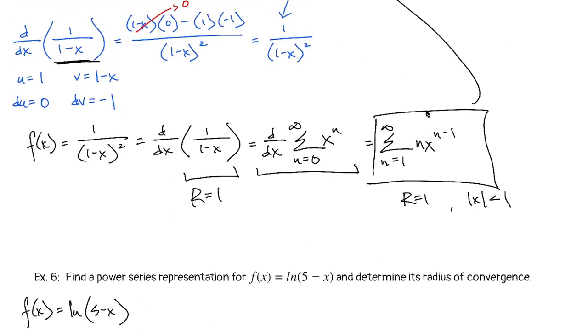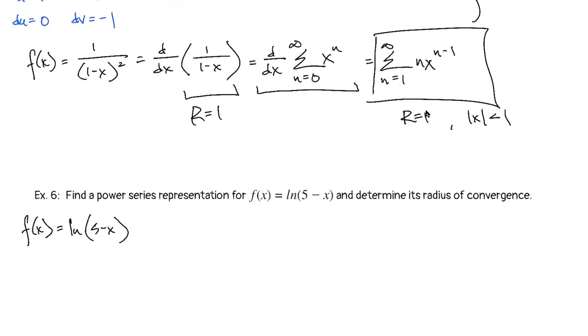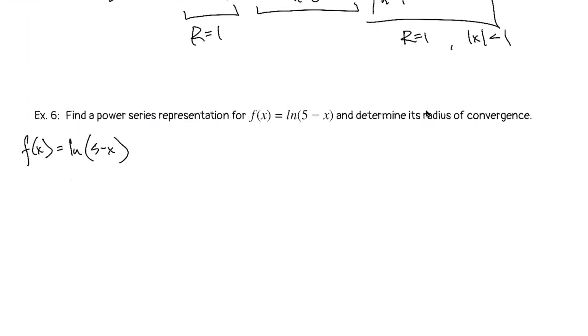This time, let's take an integral of a random function and see if I can get back to that. So what might I want to integrate to get natural log of 5 minus x?